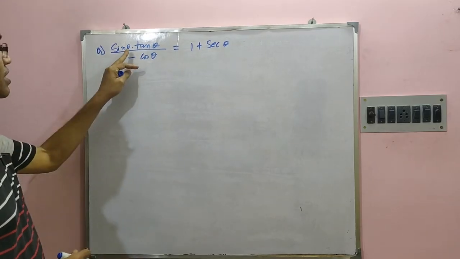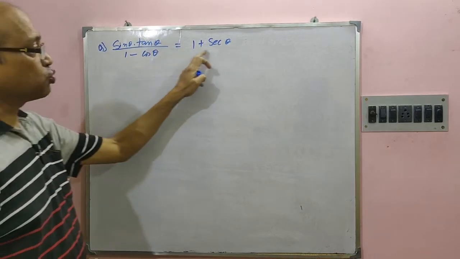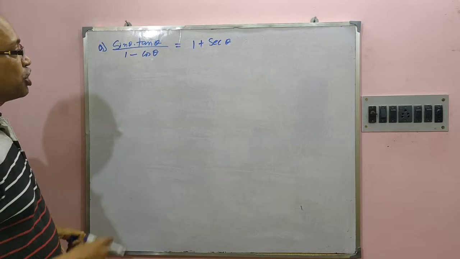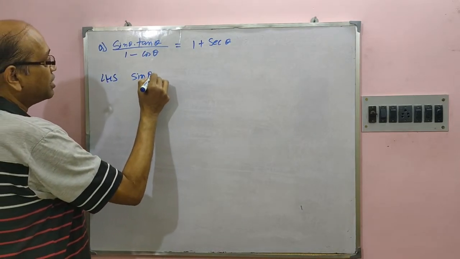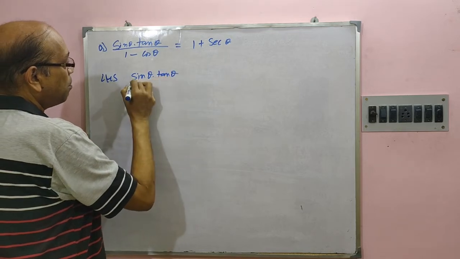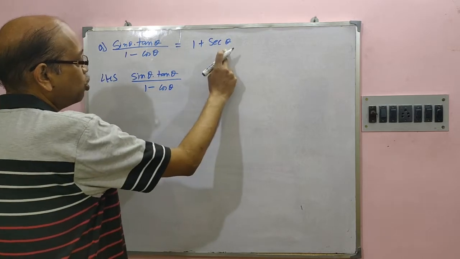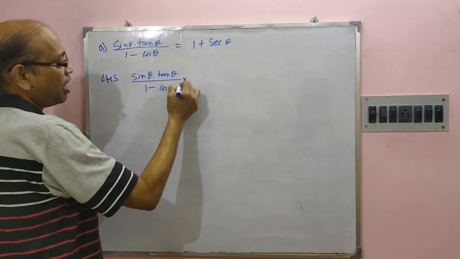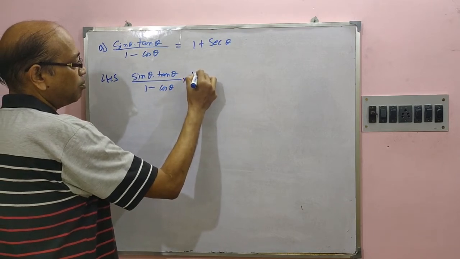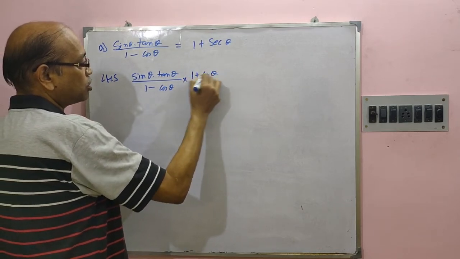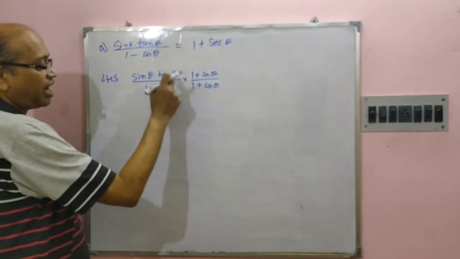The next question: sin theta into tan theta by 1 minus cos theta is 1 plus sec theta. Left hand side as it is, we write sin theta into tan theta by 1 minus cos theta. As there is no denominator here, we have to multiply and divide with 1 plus cos theta by 1 plus cos theta, so that this becomes sin square theta and gets cancelled out.